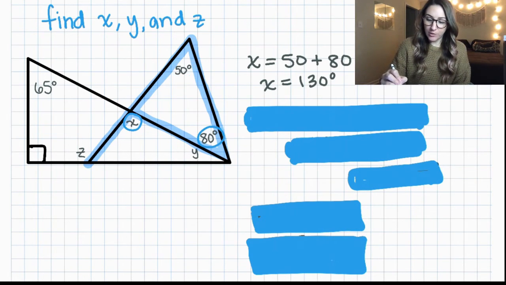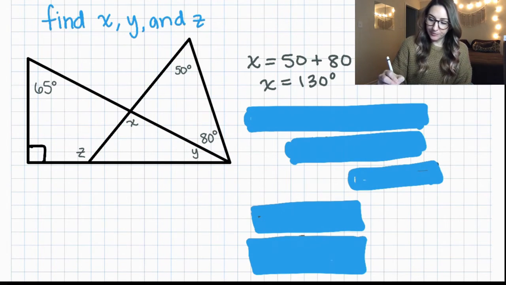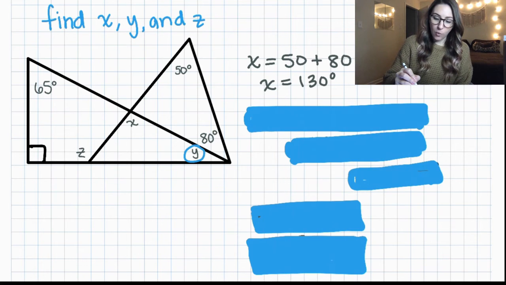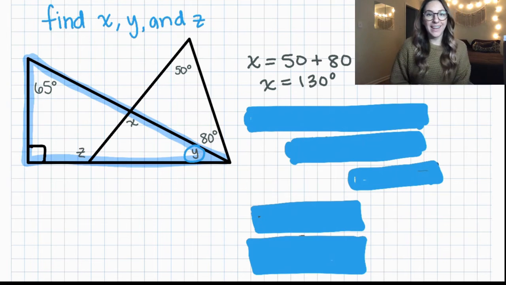Then to move on to y. So y is right here. Y is not an exterior angle, so I need to actually think about a different way to solve for it. I can see that y is part of this triangle right here, where we already have the 65 degrees and the 90 degrees.